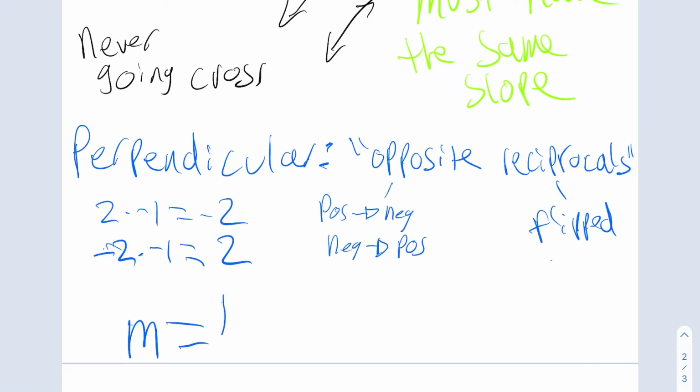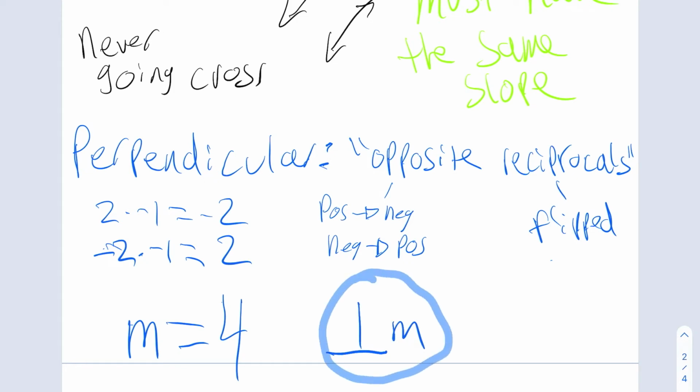So for an example, if my slope was, let's say, 4, my perpendicular slope, so that's this symbol right here. This symbol means perpendicular slope. If I flip it, again, any whole number has a denominator of 1: 4 over 1, 2 over 1, negative 10 over 1.